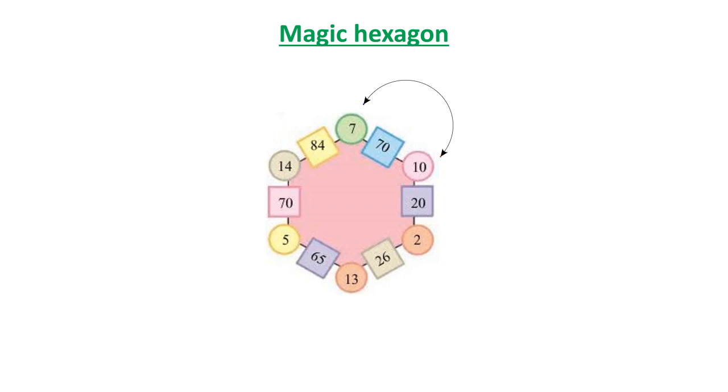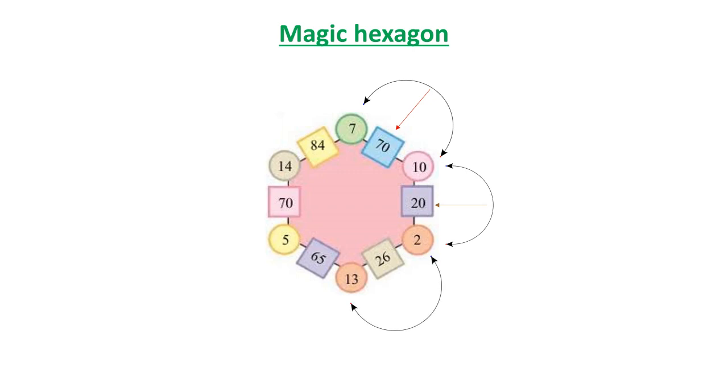7 and 10. When we multiply 7 and 10, we will get 70. Moving clockwise, taking the second side, when we multiply 2 and 10, we will get 20.